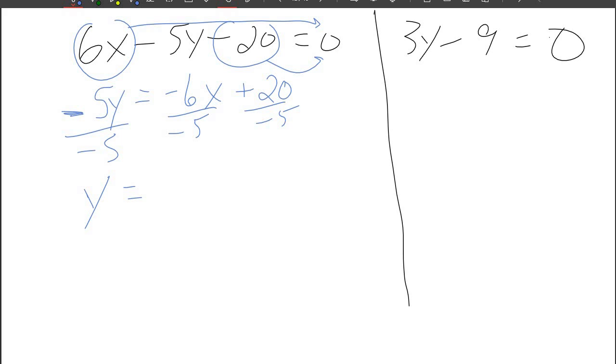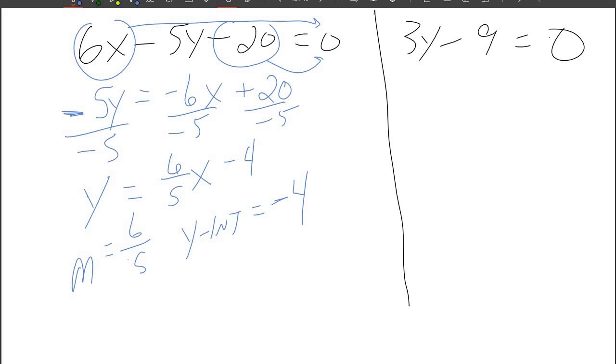Y equals positive 6/5 x minus 4. So in this problem, the slope is 6/5, and the y-intercept is negative 4.